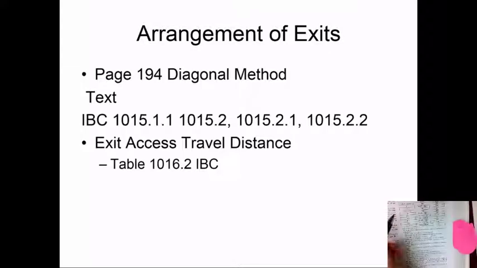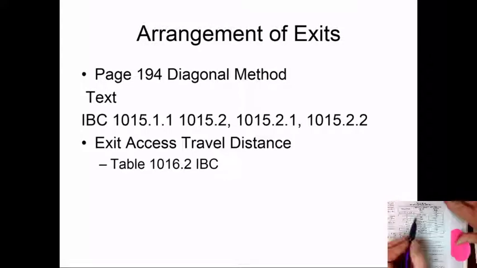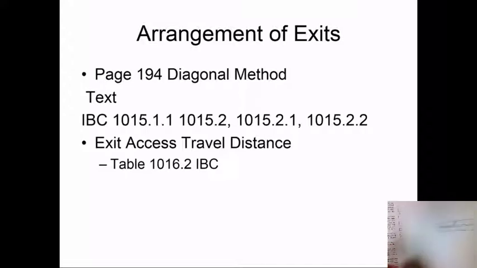What we're talking about is more like a residential occupancy, which is R, right? It's telling you that without a sprinkler system, I can only travel 200 feet. That means within that furthest corner, I have to have an exit to the outside or to a rated stairway.